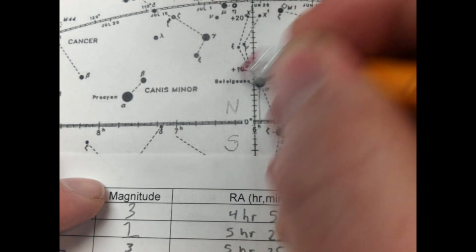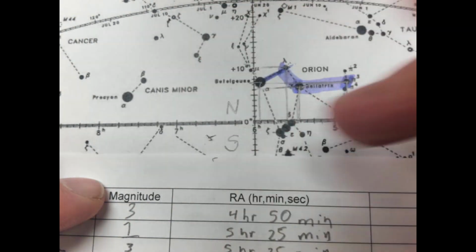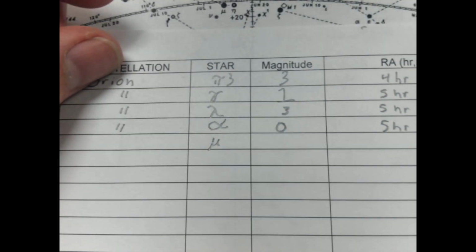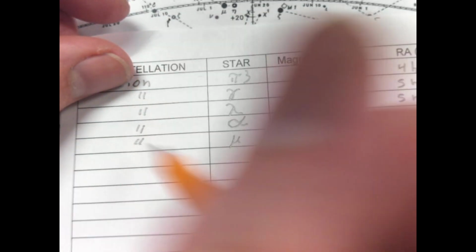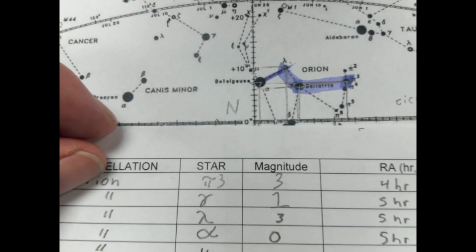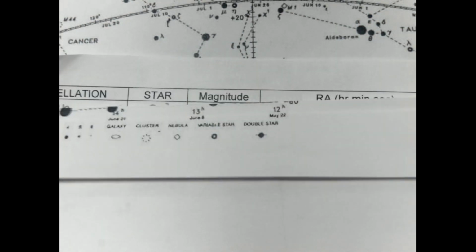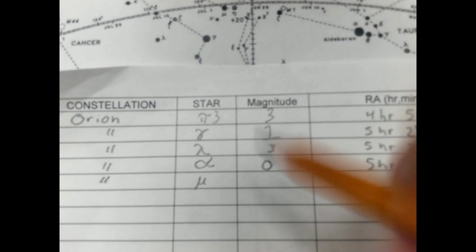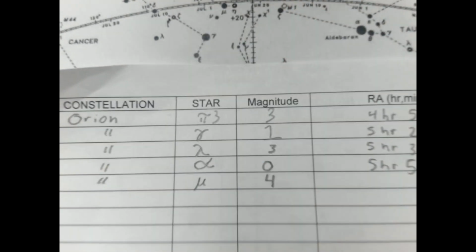Want to do that little one coming up from that shoulder. Let's see what it is. That looks like mu. So Orion mu, size-wise, that guy is tiny. So brightness is going to be really low. Size-wise, looks like about a 4. Remember, the bigger the number, the dimmer the star.